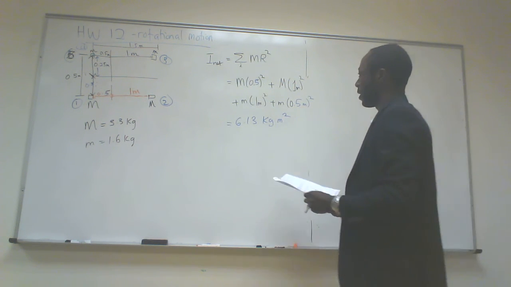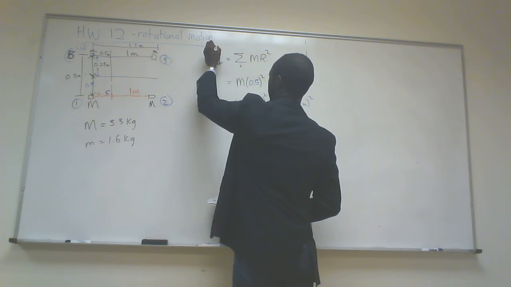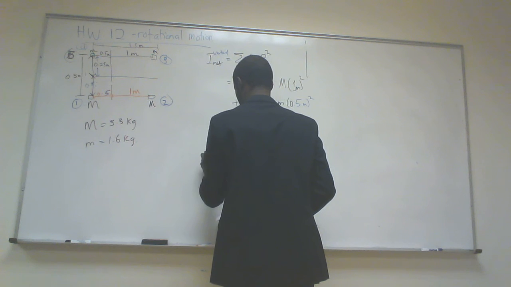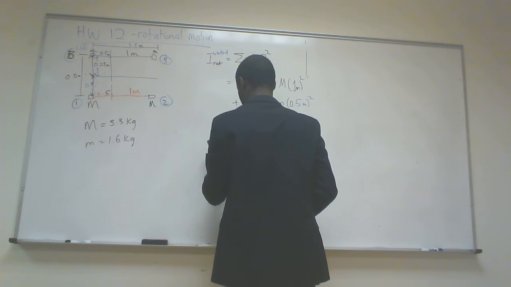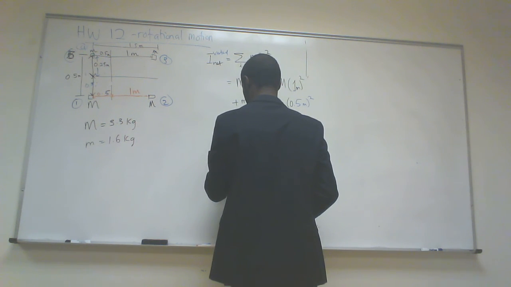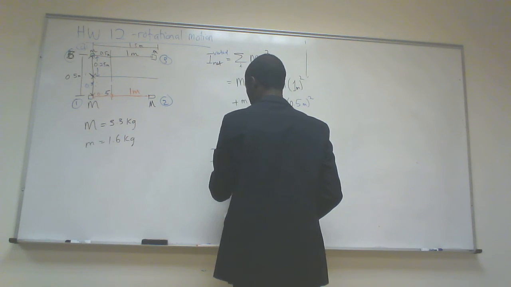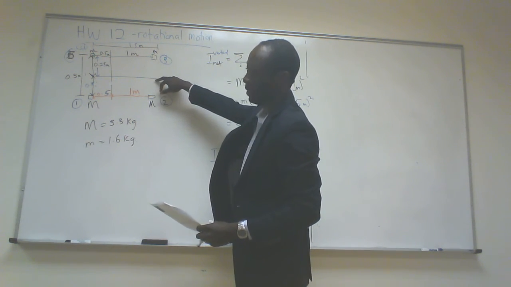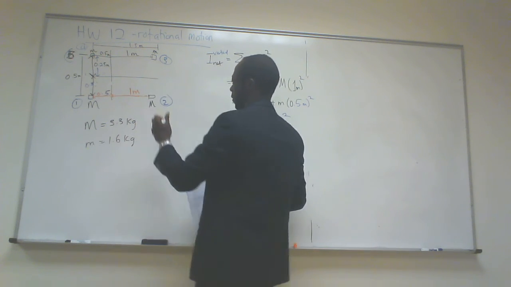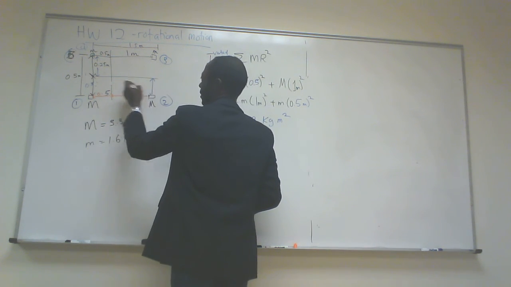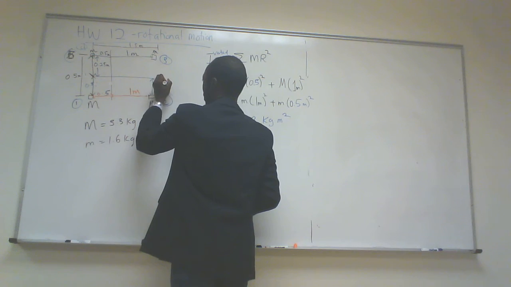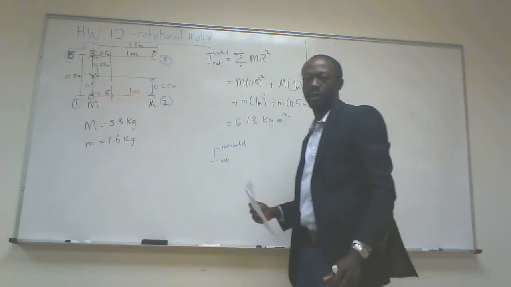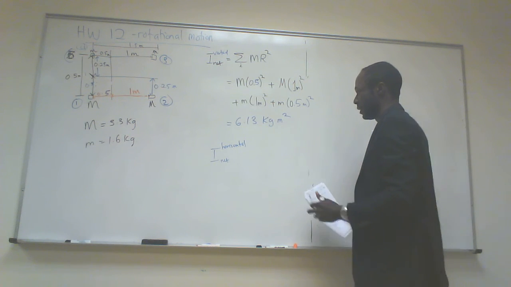In the second part of the problem, this was for the vertical axis, and now we have to find the moment of inertia about the horizontal axis. In that case, we'll be looking at the distances between each of the masses and the horizontal axis, which in this particular case is 0.25 meters. So all the objects are 0.25 meters away from the horizontal axis.